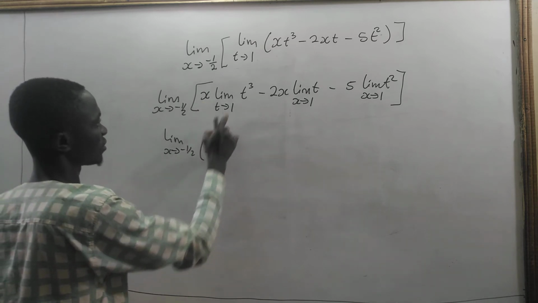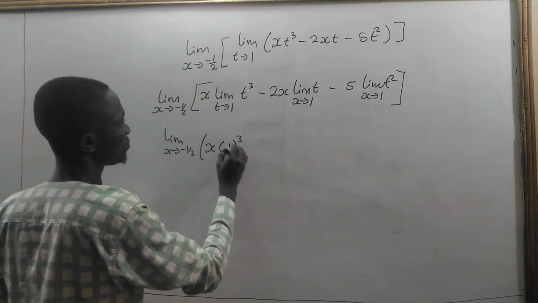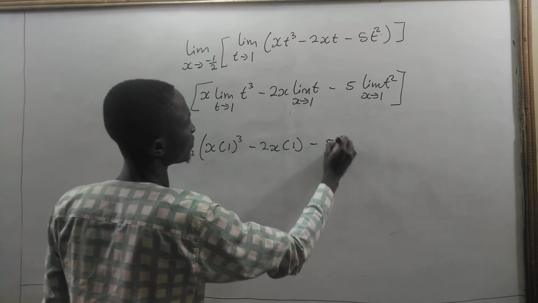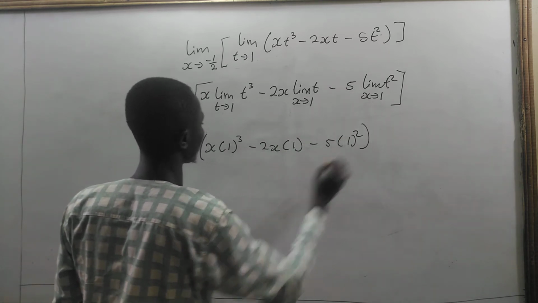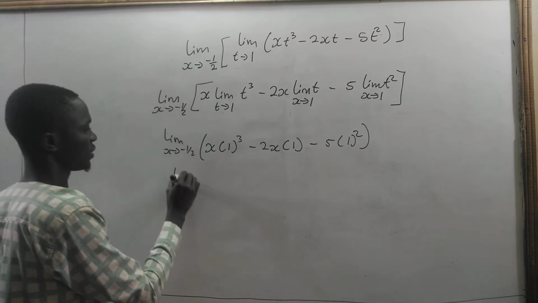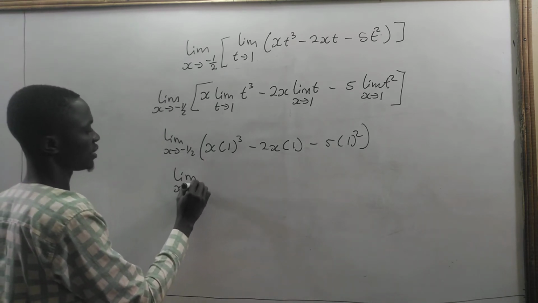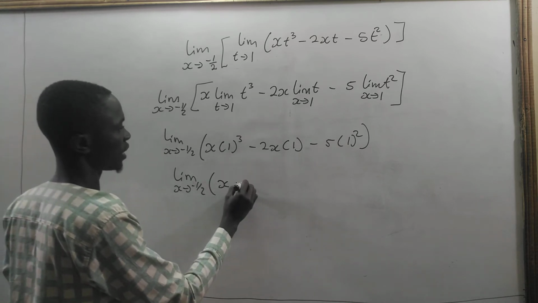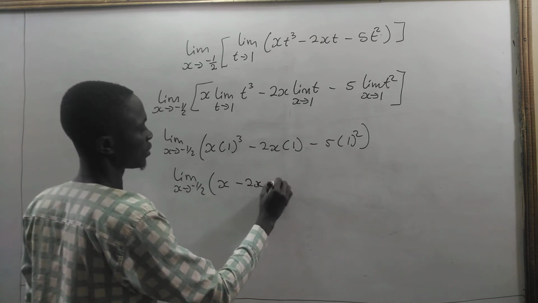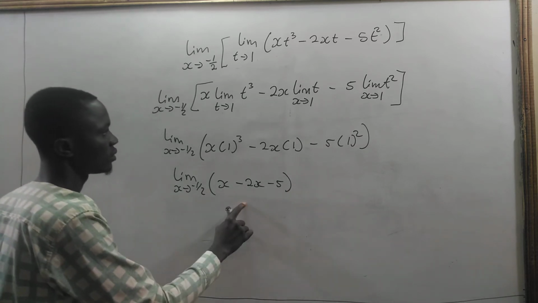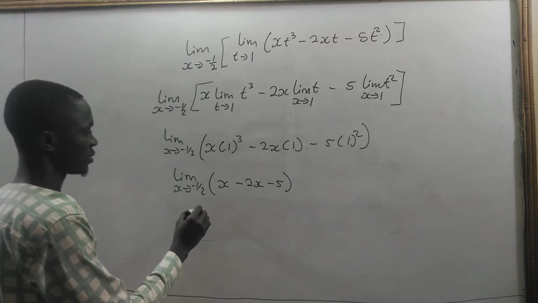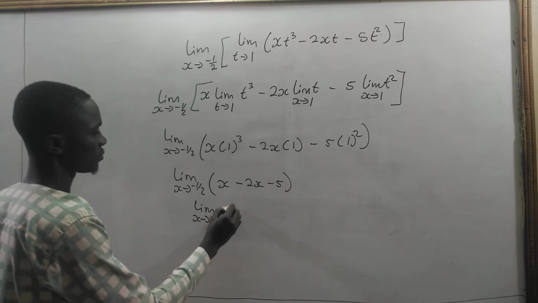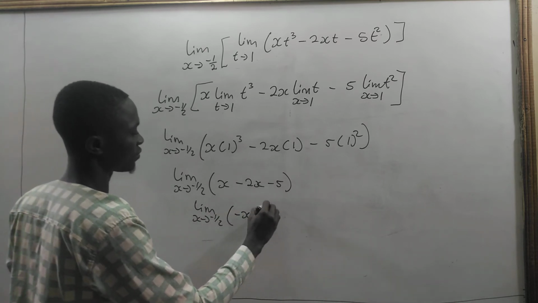We have x times 1 cubed, minus 2x times 1, minus 5 times 1 squared. This will be given as the limit as x approaches negative half of x minus 2x minus 5. Then this will give us the limit as x approaches negative half of minus x minus 5.